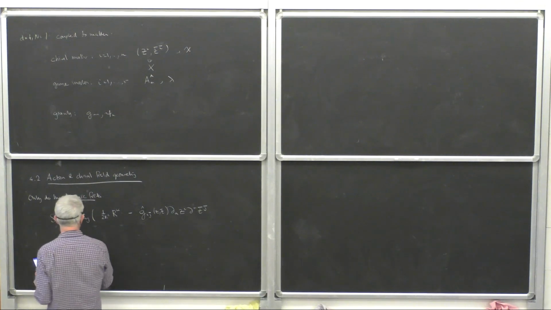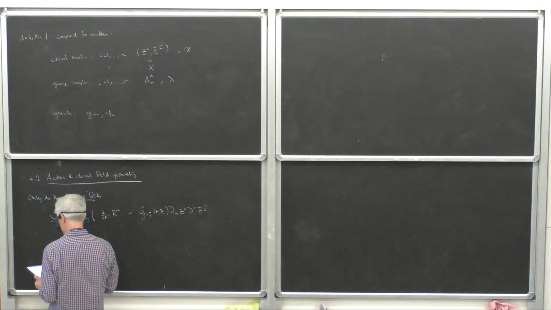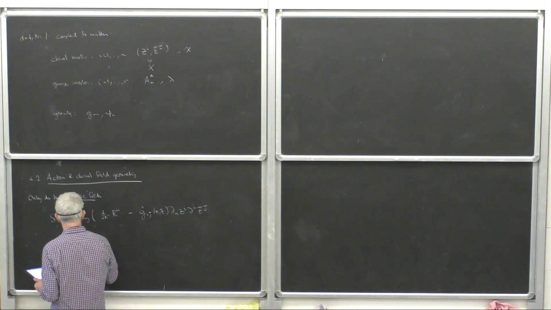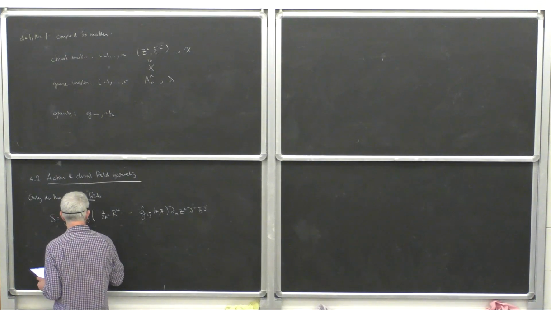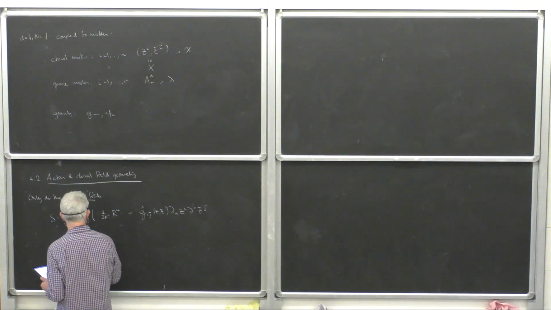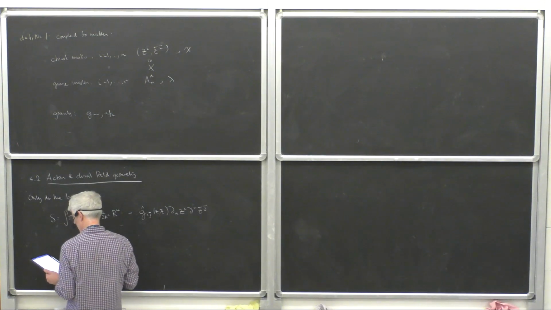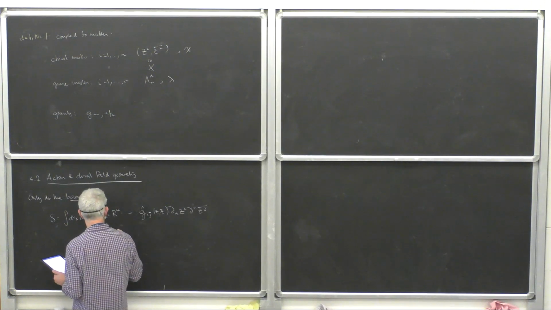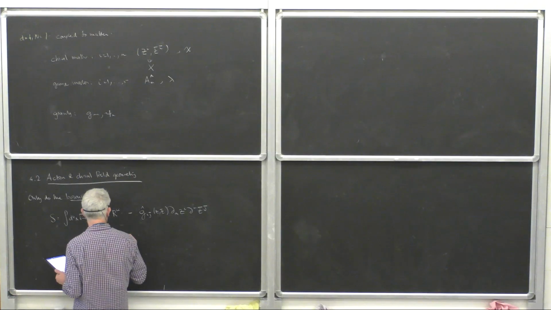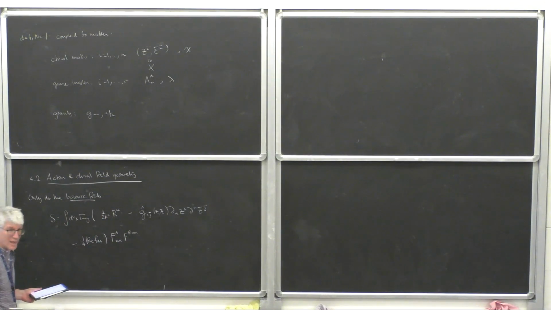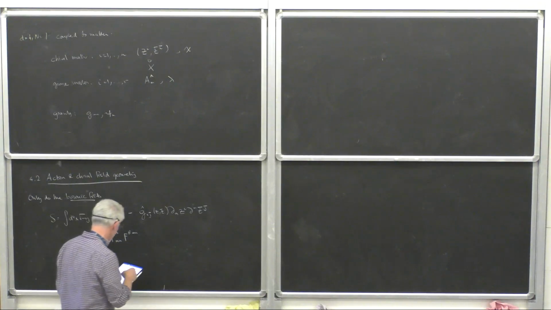And then there are some gauge field bits, and they depend on the real part of something. There's something that looks like the ordinary F squared, F mu nu squared.